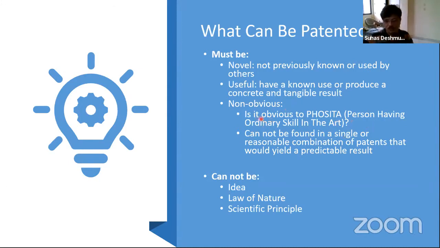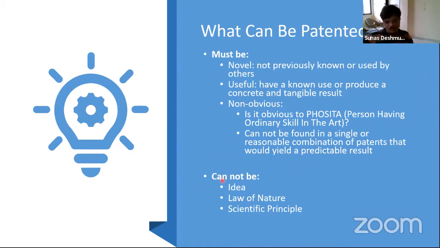Obvious means obvious to a person having ordinary skill in the art, and it cannot be found in a single patent or a reasonable combination of patents. So whenever you file a patent, make sure the idea you present is not there by any other means also, and that is to be avoided.